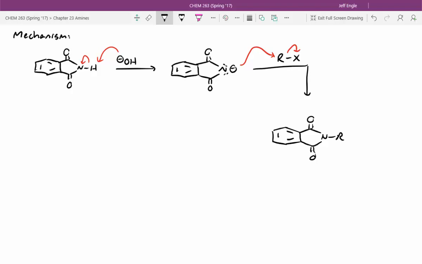All right, and so now we're at this intermediate. And like I said, if you treat this with acid and heat, you're basically going to convert that amide all the way to a carboxylic acid.